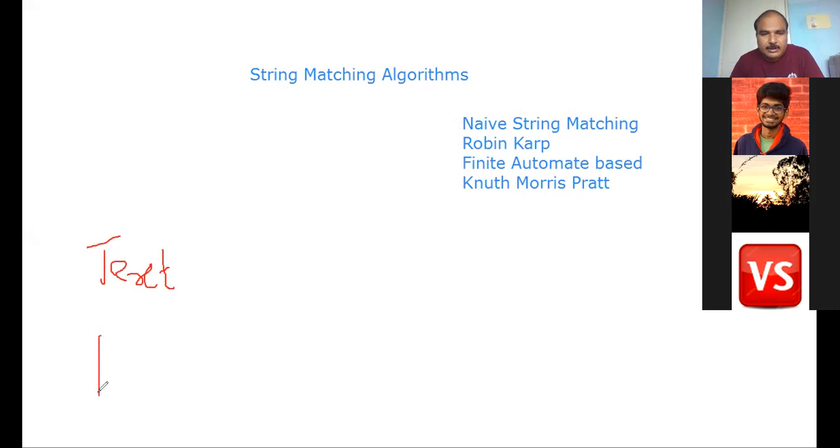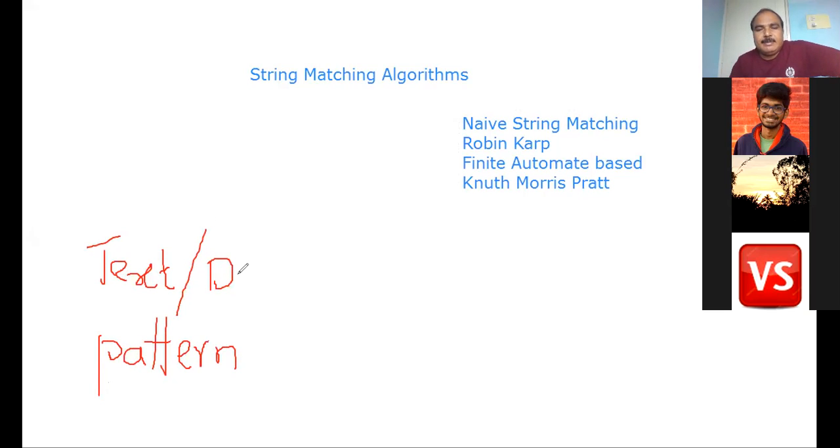There is one more term I'm going to use frequently, that is the pattern. What is a pattern? Again, it is a sequence of characters or symbols. Now, a text means a document, and a document is again a sequence of characters or symbols.